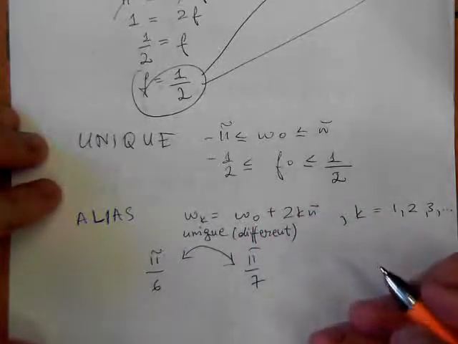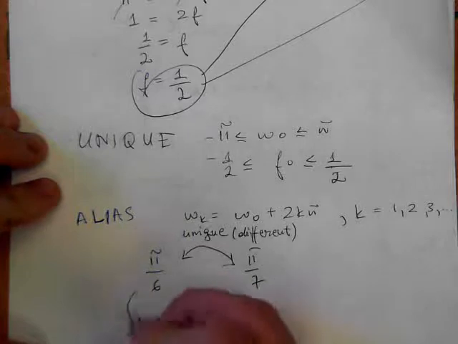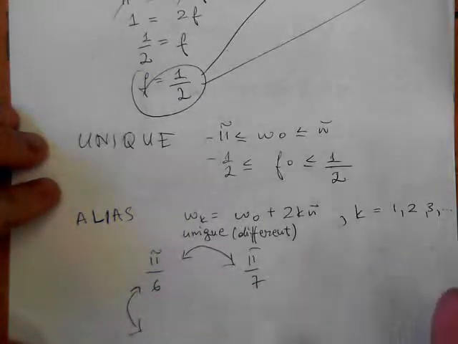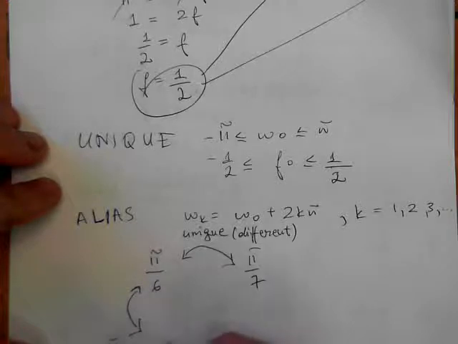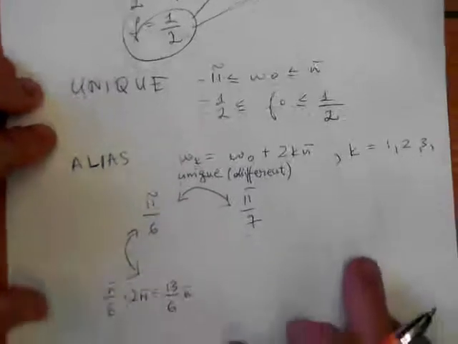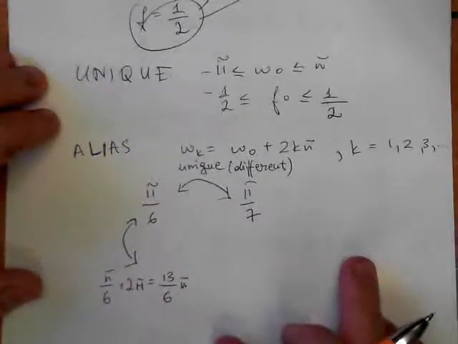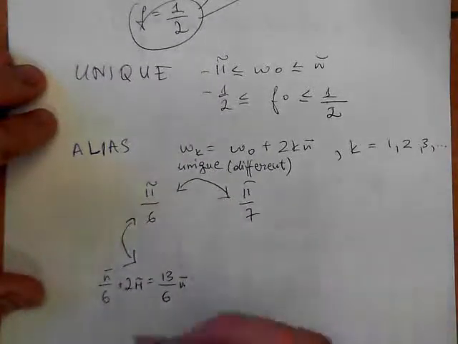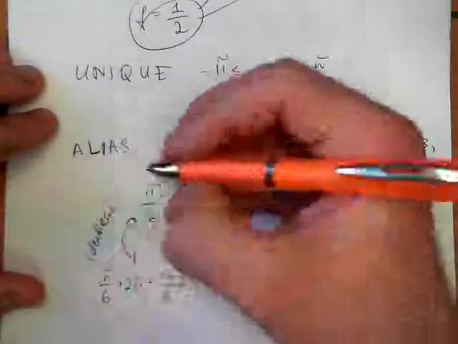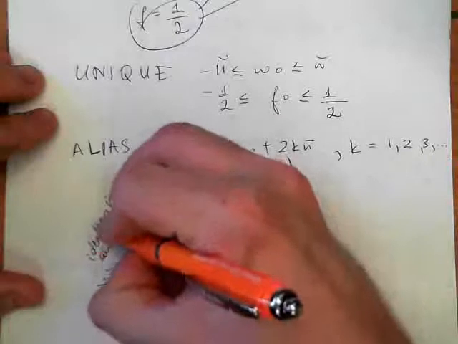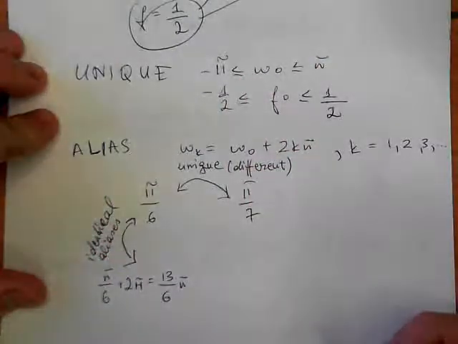Now, the signal that we obtain by adding 2 pi, plus 2 pi, we obtain 13 divided by 6 pi. And these are identical. Aliases.